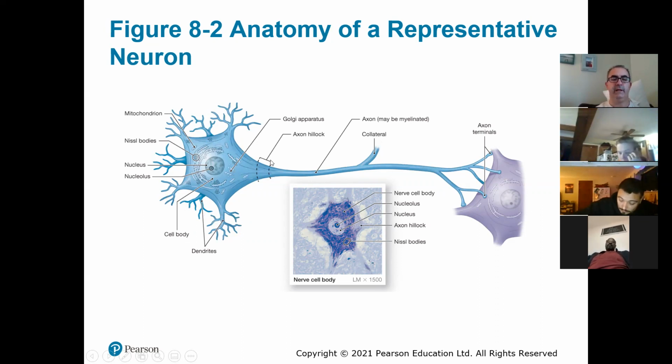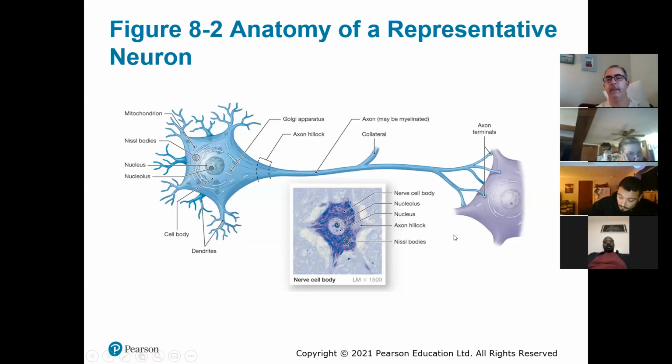Well, kind of where the cell body narrows to the axon, that's called the axon hillock, just that region. The signal goes out through the axon and it gets to the end of the axon. At the end of the axon are these axon terminals.